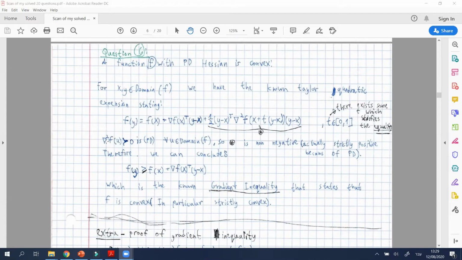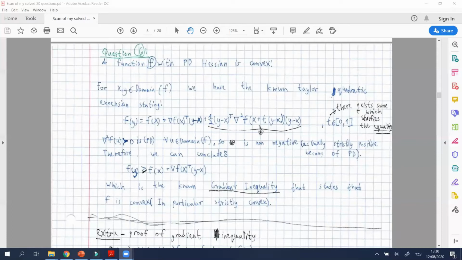So the Hessian of f at u is PD for every u in the domain of f. So this thing exactly right here is non-negative. Actually, it's strictly positive because it's PD.